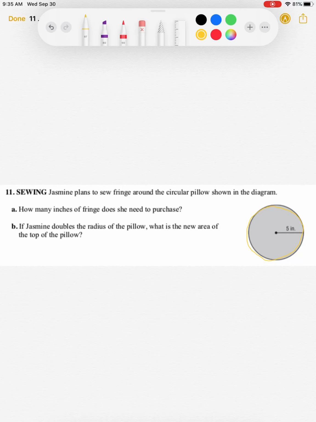So I need to find the circumference, which I know from my notes is 2 times the radius times pi. My radius here is 5, so 2 times 5 is 10. So I need 10 pi of fringe.